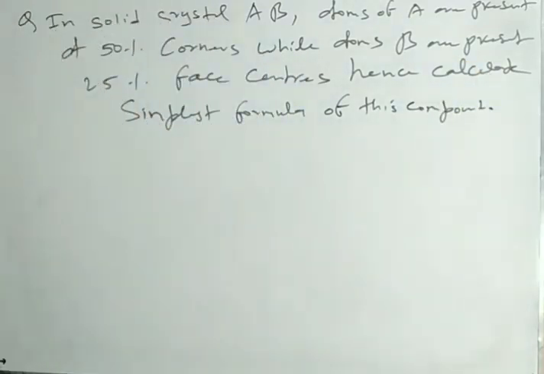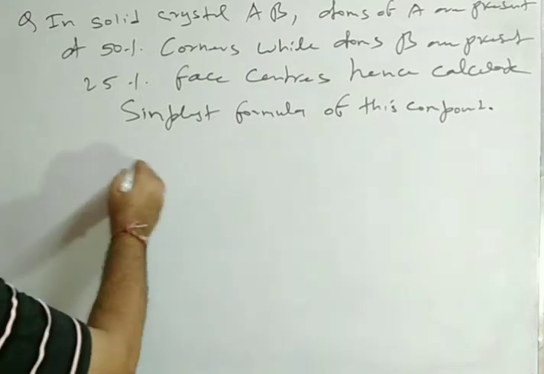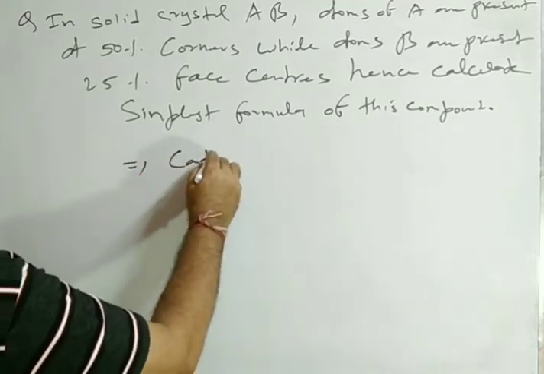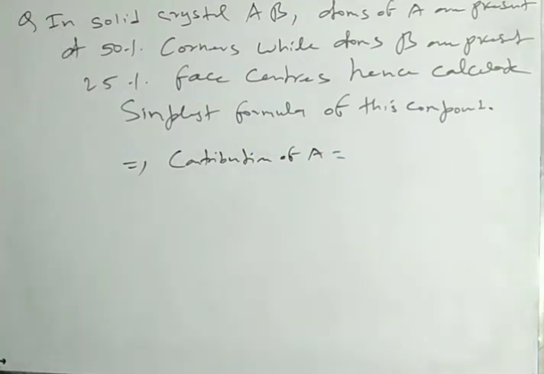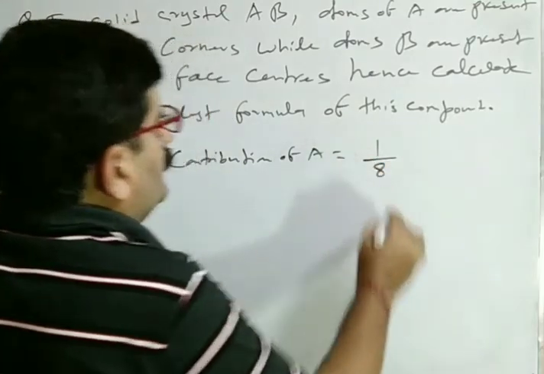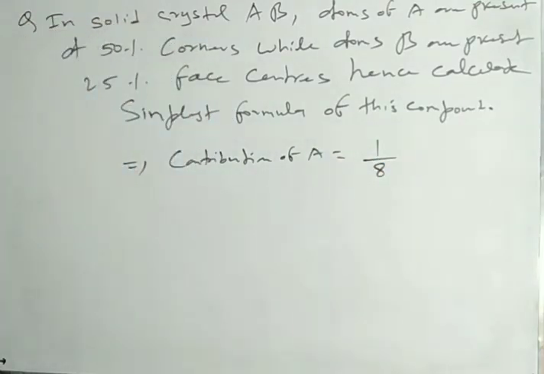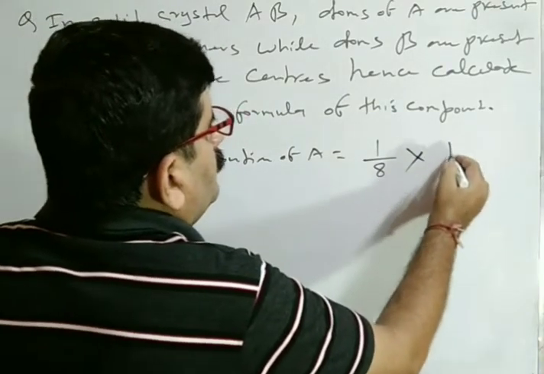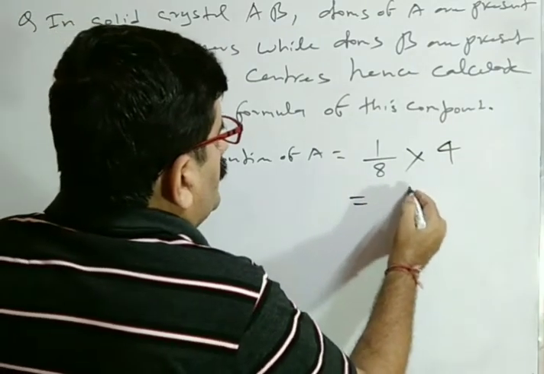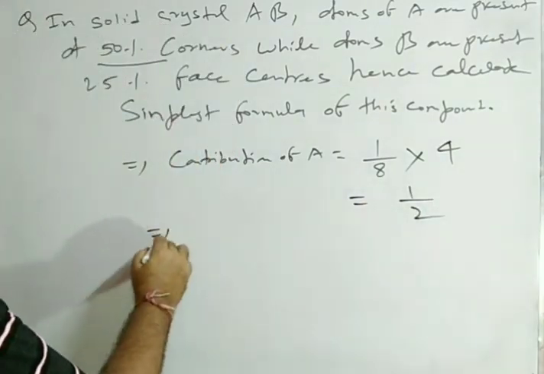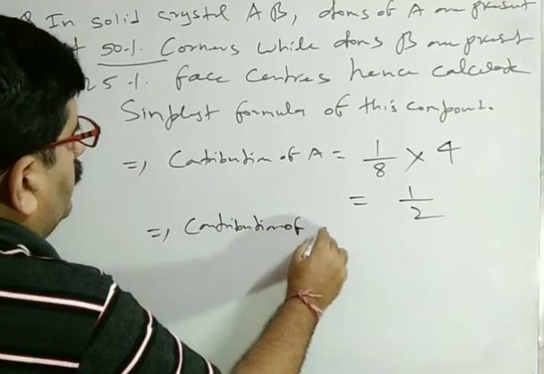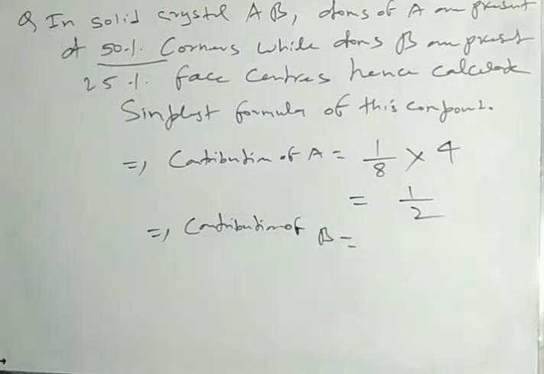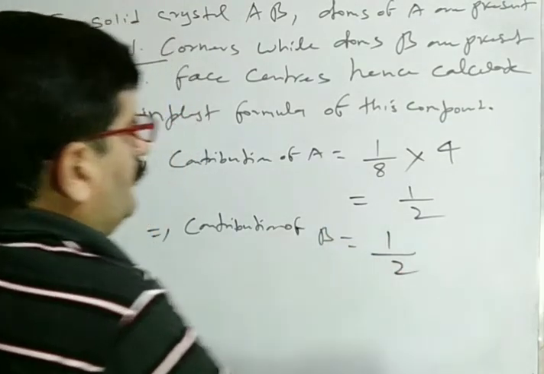This numerical is similar to the previous one, so we can write what? Contribution of A through corner is 1 by 8. Total number of corners is 8, but occupied 50%, so 4 into 1 by 8, which is 1 by 2. Contribution of B through face is 1 by 2.